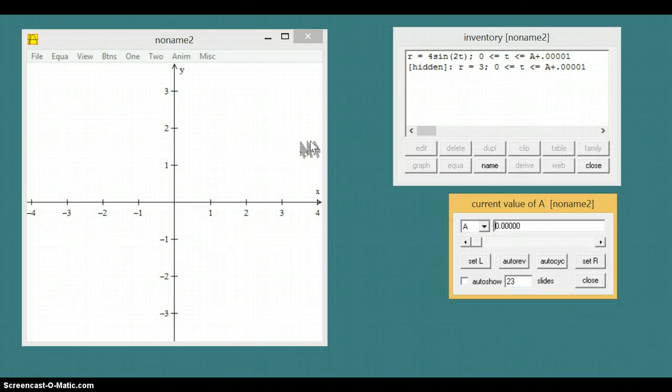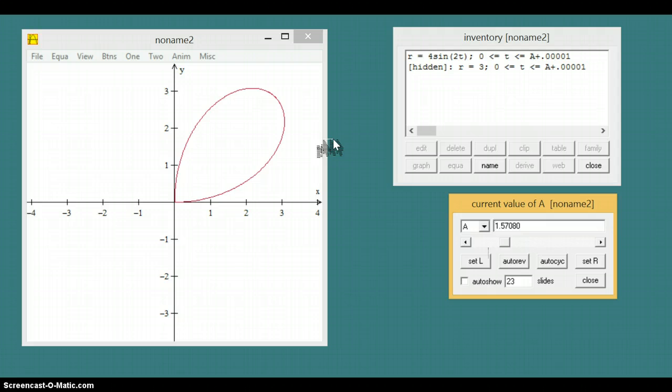So here's your r equals 4 sine 2 theta graph, and I'm going to go ahead and animate it here. It's graphing for these radian angles until you get to 1.57 approximately. That's pi over 2.